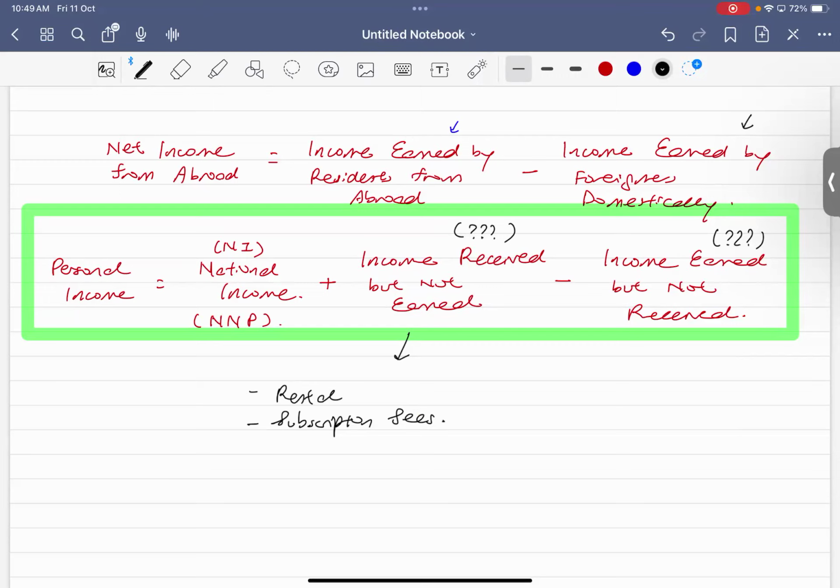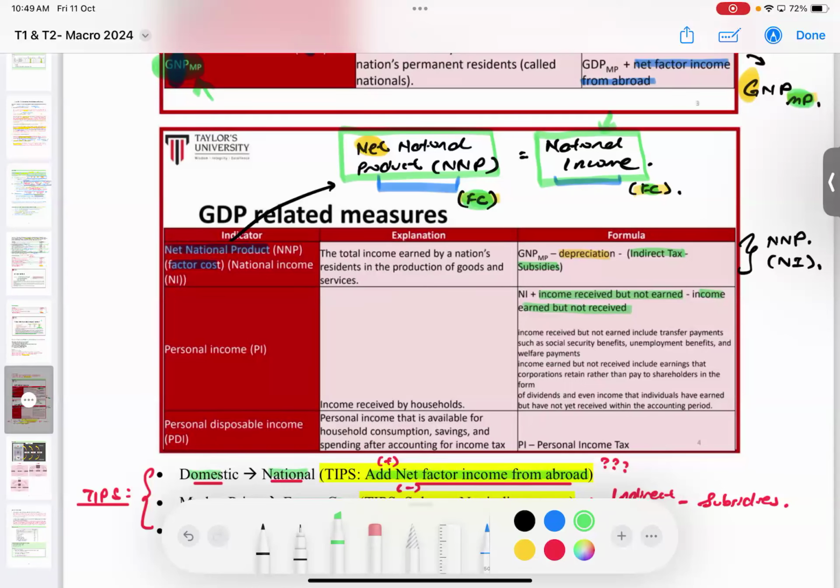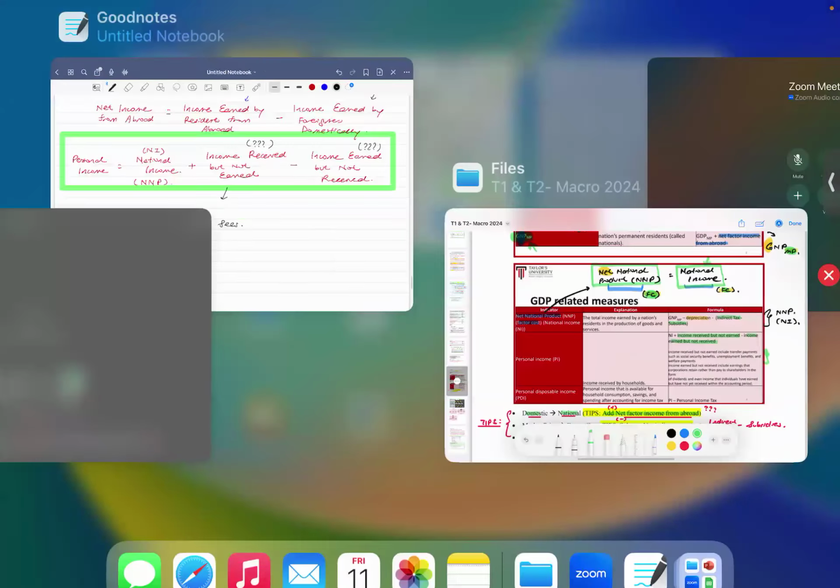Okay, what else? Now I want you to think about transfer payments or welfare payments as well.